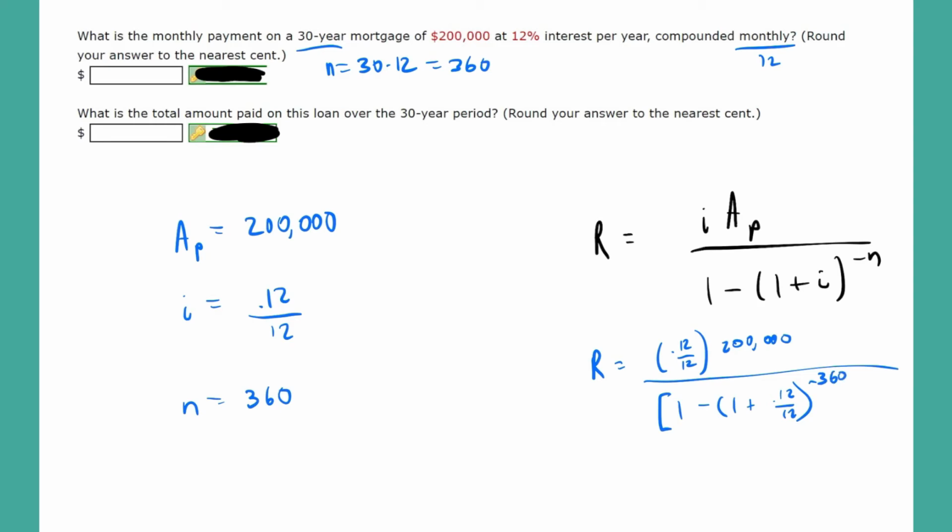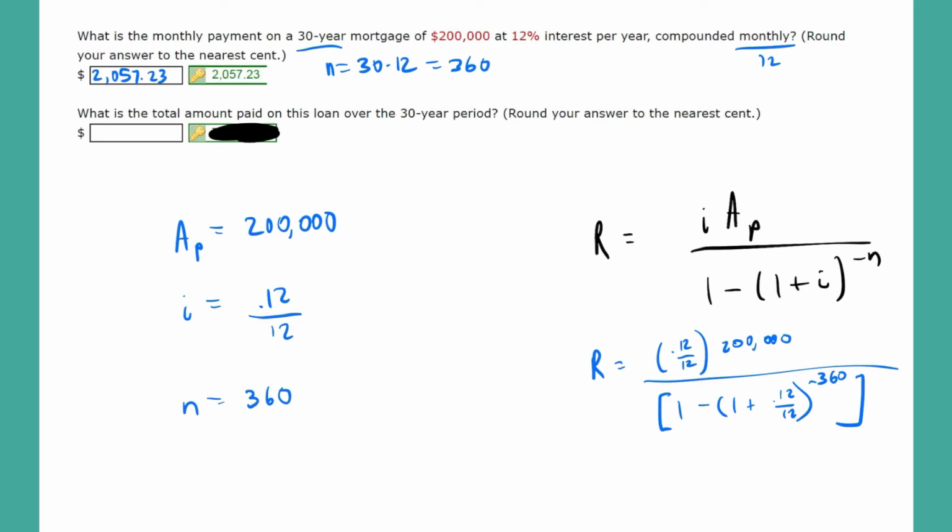Don't forget that negative 360 at the top, close bracket, and there we go. Let's see what we get. All right, I am getting monthly payments of $2,057.225, which would be 23 cents.